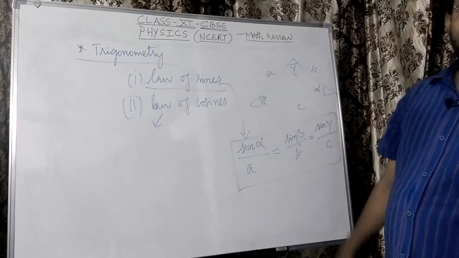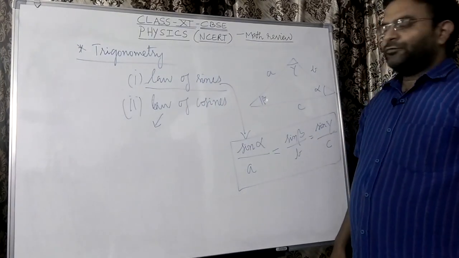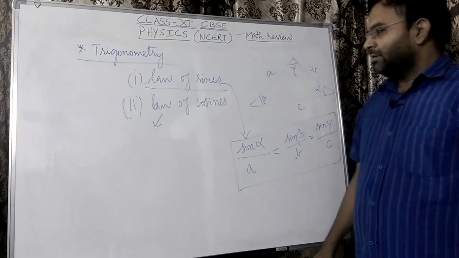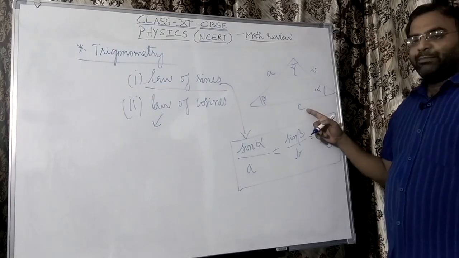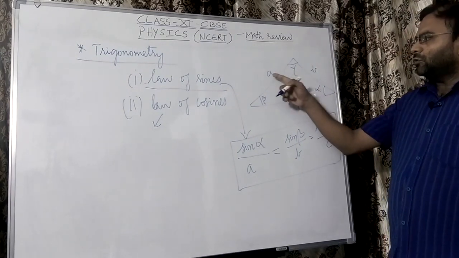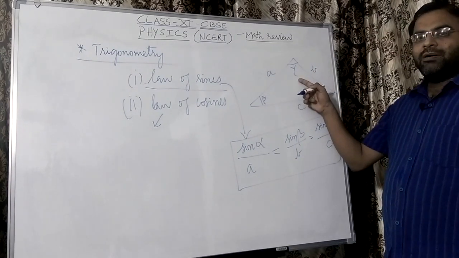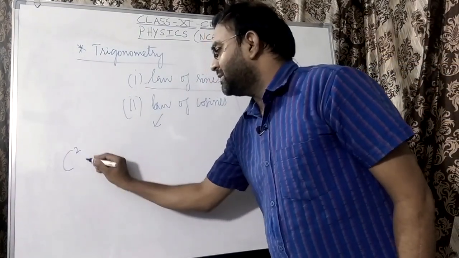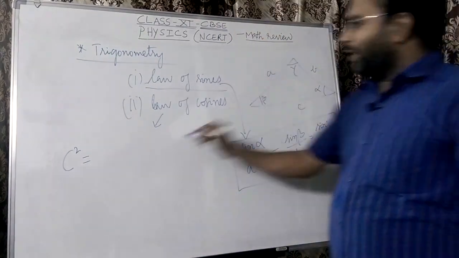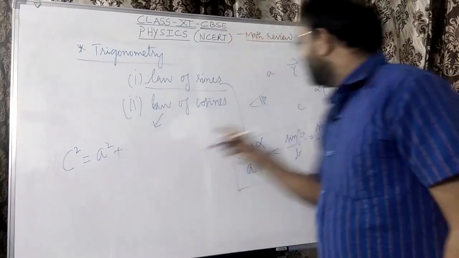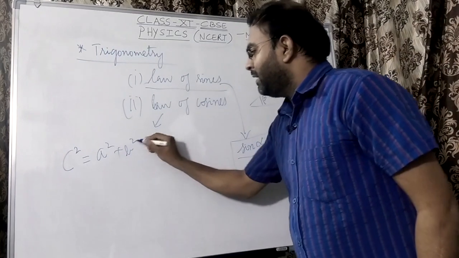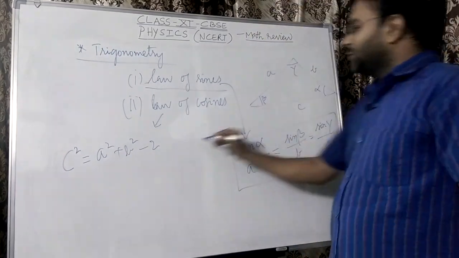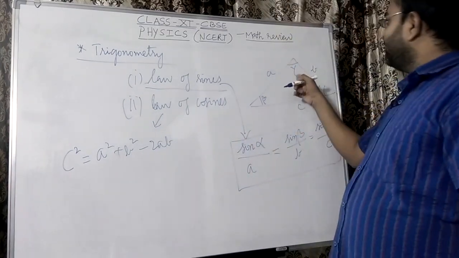The law of cosines helps us to calculate if two sides and one angle are known in a triangle. That is, if the third side, for example C, is not known, but we know the two sides A and B and the common angle gamma between the two sides, then the formula for the third side is: C squared is equal to the square of the first side plus the square of the second side minus 2 times the product of the two sides and cos of the angle between them.